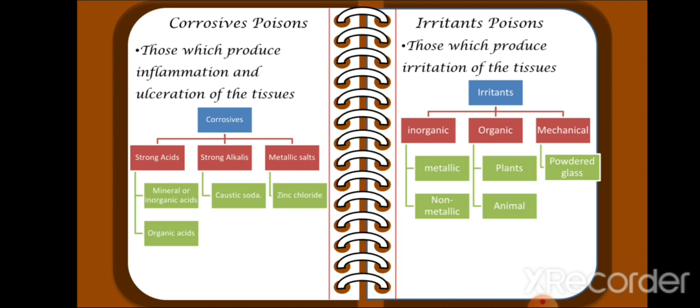A non-metal like phosphorus, phosphorus poisoning, is an inorganic irritant poison. Organic irritant poisons are classified into two: plant poison and animal poison. For example, croton is a plant poison and snake bite is an animal poison. And mechanical, for example, is powdered glass.